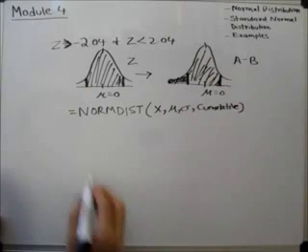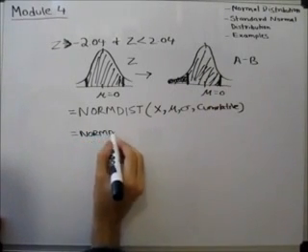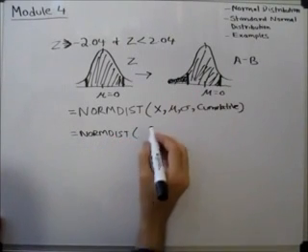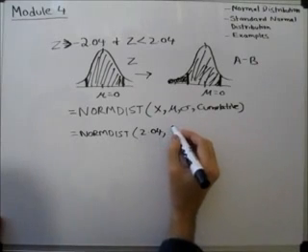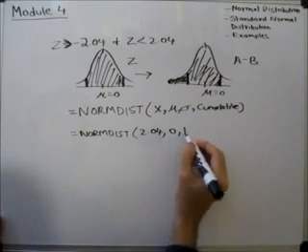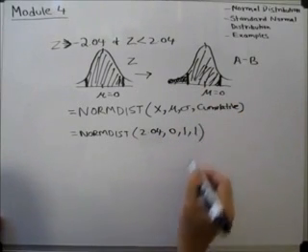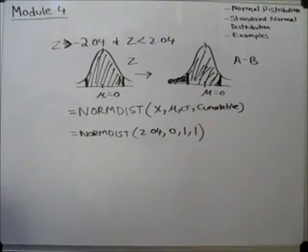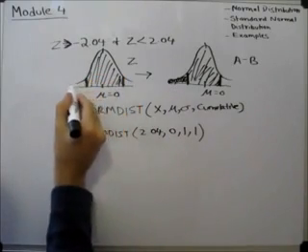So in other words, it's going to be NORM.DIST with 2.04, mean is 0, standard deviation is 1. Cumulative option, I'm going to set it to 1 or true. They're both the same. So this will give me all of this area, everything on this side.